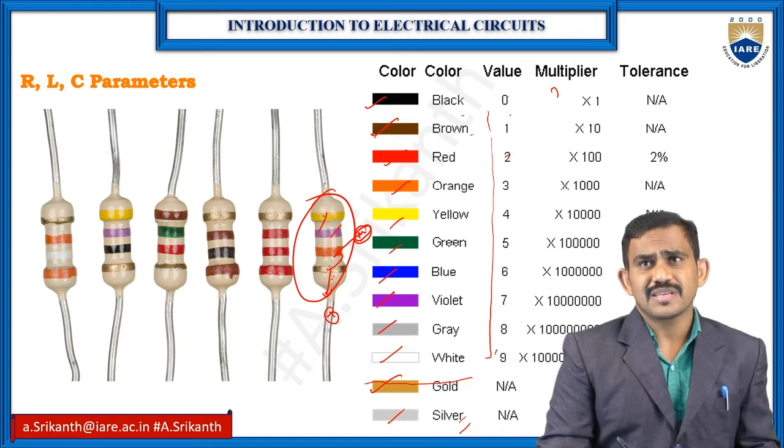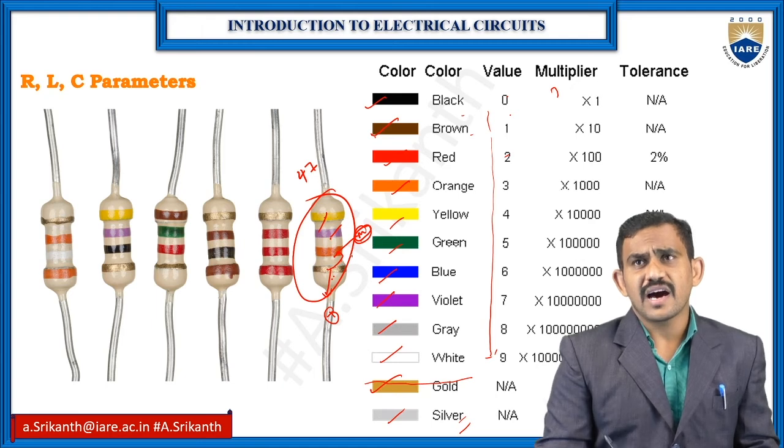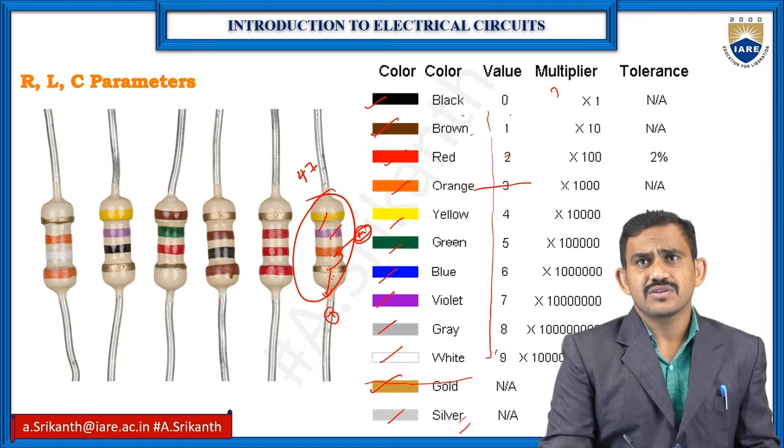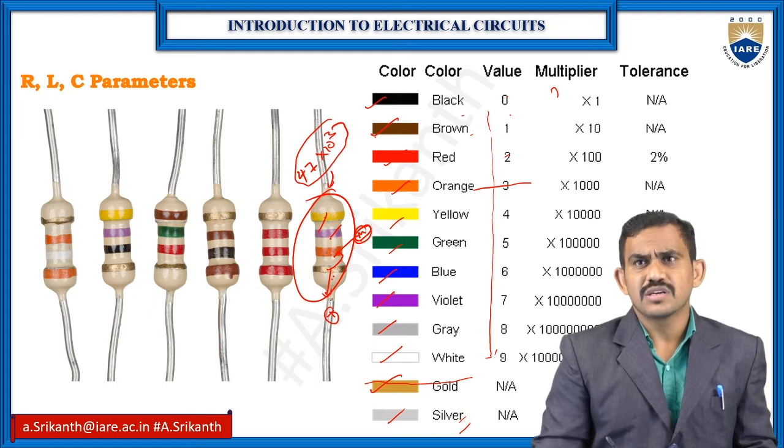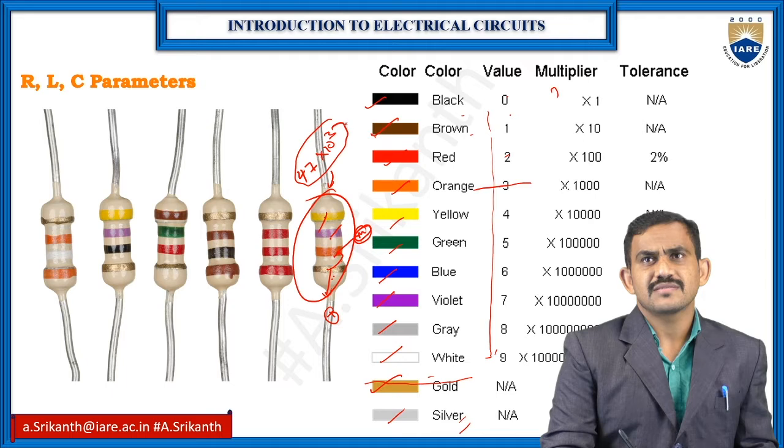Suppose yellow is 4 and violet is 7. The last, orange, is the multiplier, which is 3, so 10 power 3. This is the value for this resistor, and gold tolerance is 5%.